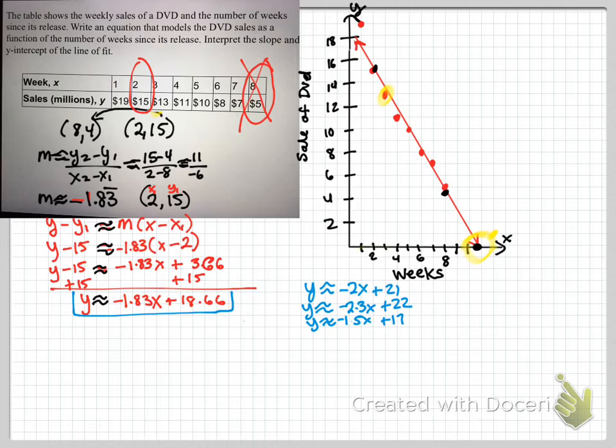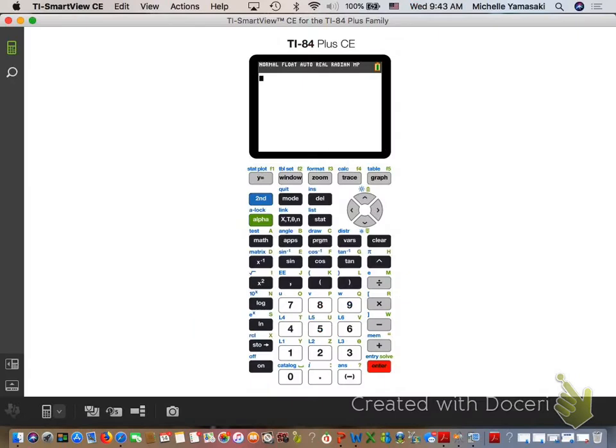Okay, using the calculator. Everybody's calculators should be cleared. Now, I don't have the data, so you guys are going to read it out to me.